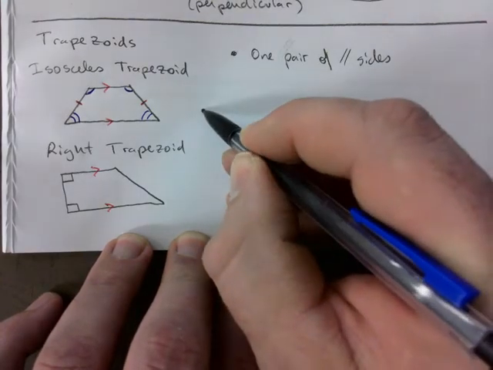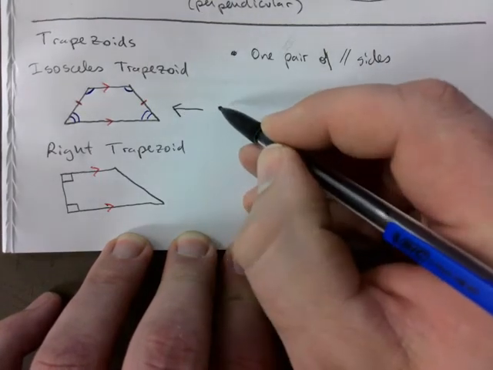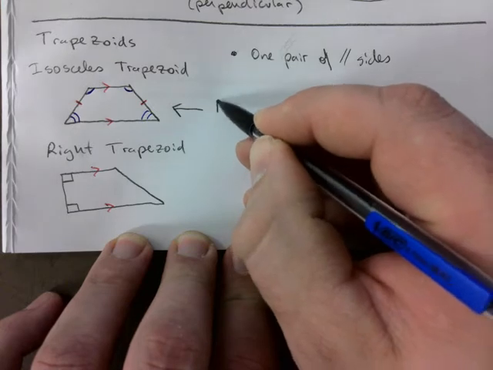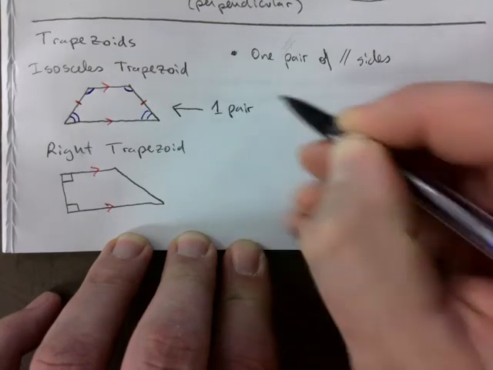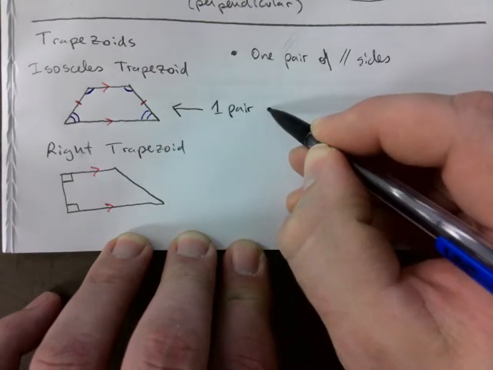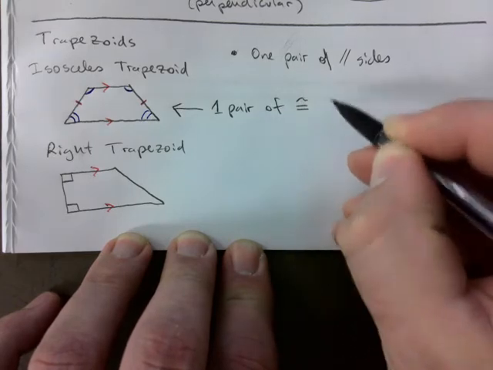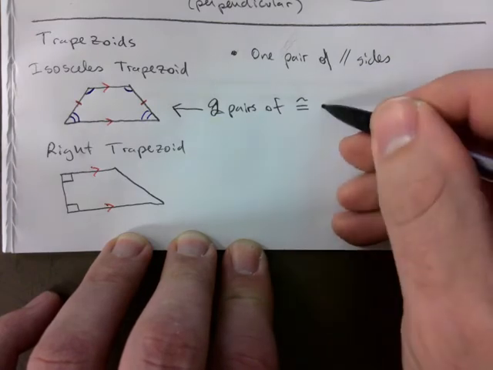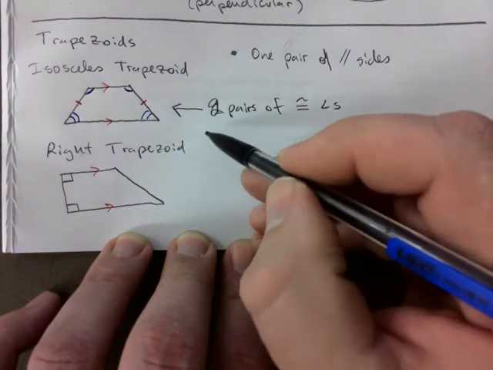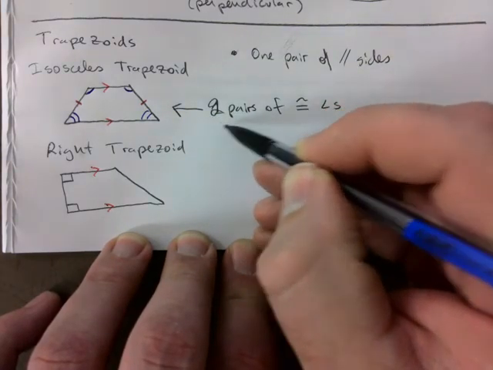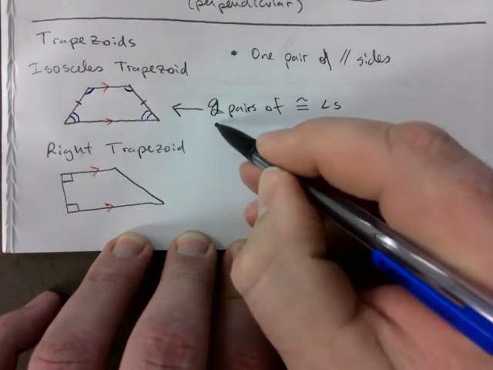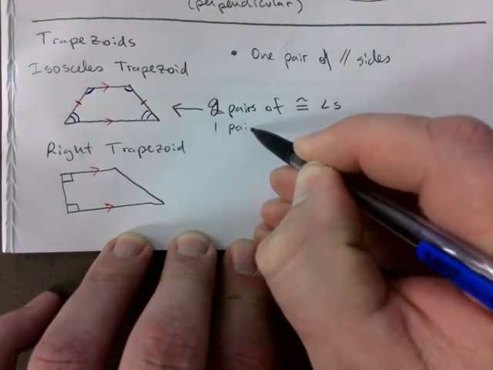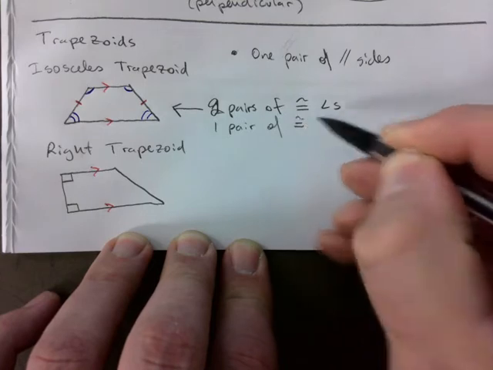And then specific to this one is one pair of congruent angles. Sorry, two pairs. Two pairs of congruent angles. And one pair of congruent sides.